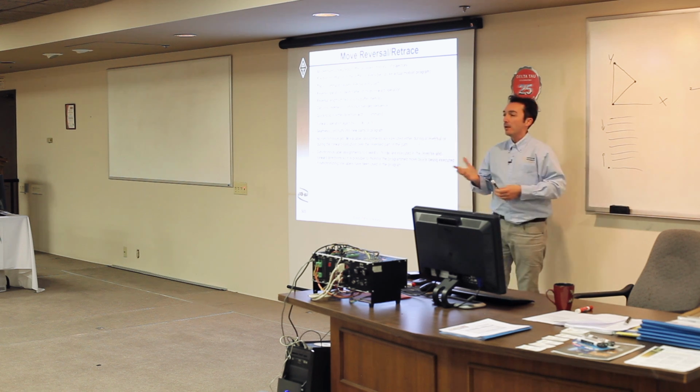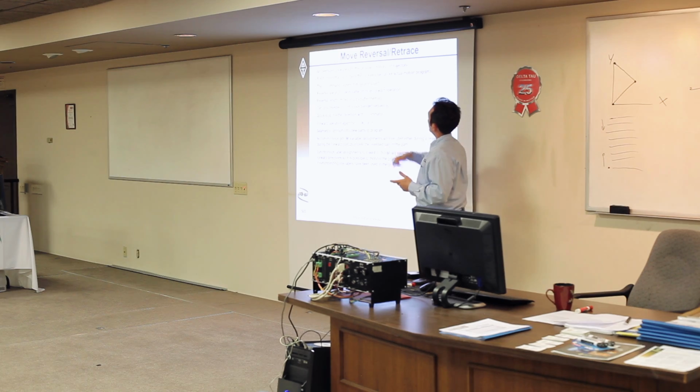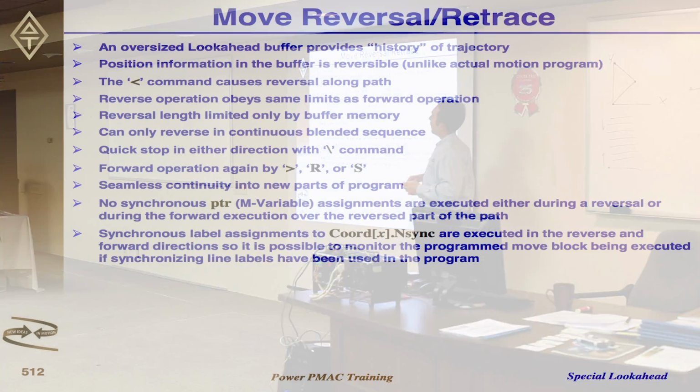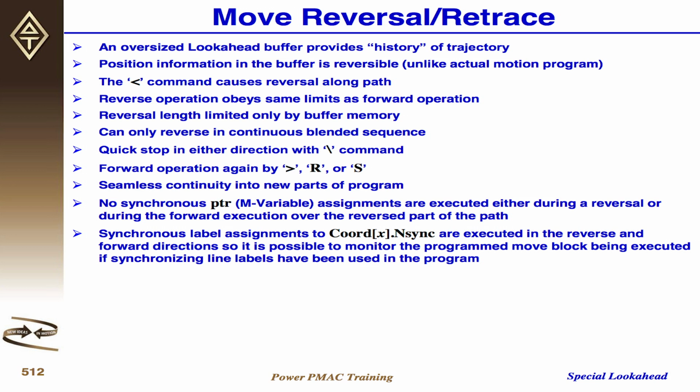But in this case, you can, because you're defining a reversal history by oversizing the lookahead buffer. If you want to reverse the path, you can use this less than command to go back in the trajectory. The reverse operation obeys the same limits as forward operation, so it will still be checking the violations of the motor acceleration, velocity and position.